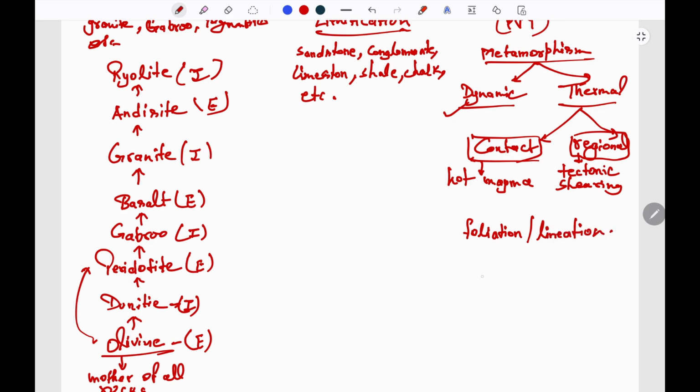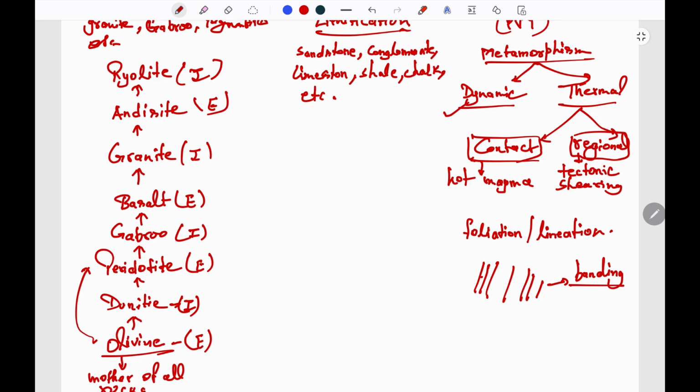And there sometimes appears a group of minerals arranged in alternating thick and thin layers of different minerals, which is also known as banding. It is known as banding.